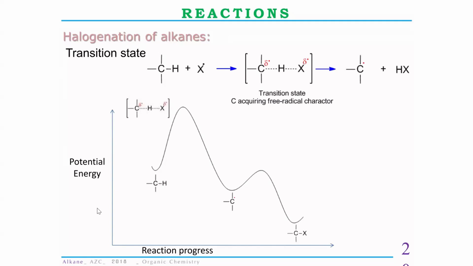In this halogenation, there is a transition state where a carbon acquires free radical character. This is the reaction progress.